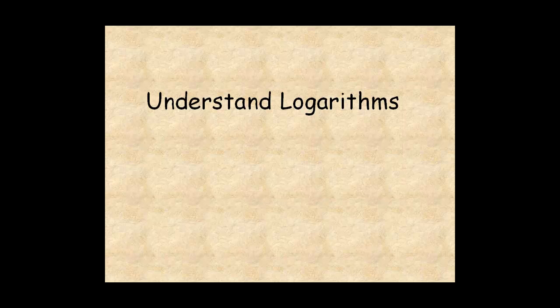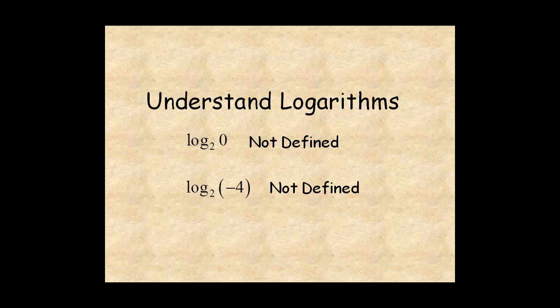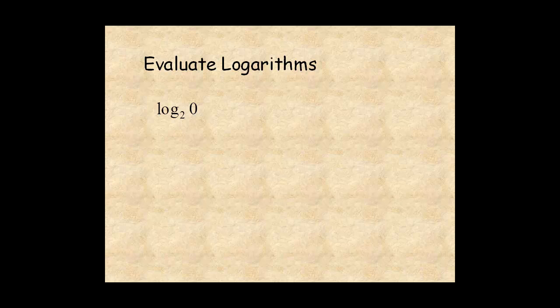Finally, two more questions that test your real understanding of logarithms. The log of 0 is not defined, and the log of a negative number is not defined. For log base 2 of 0, set the log equal to x.